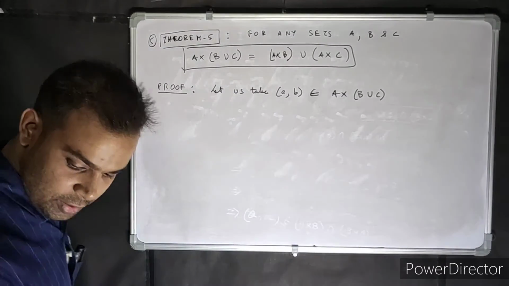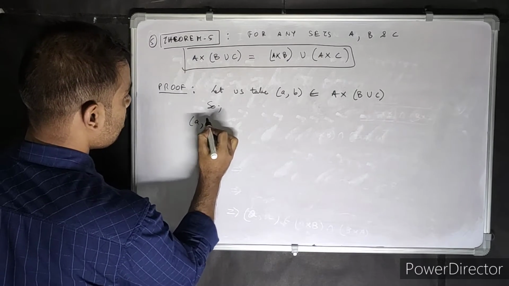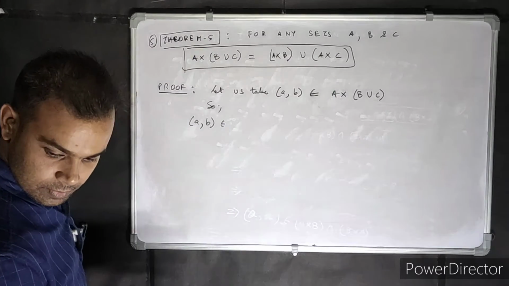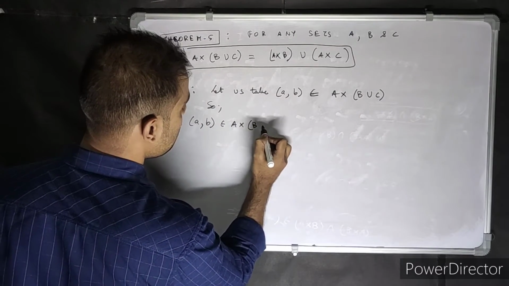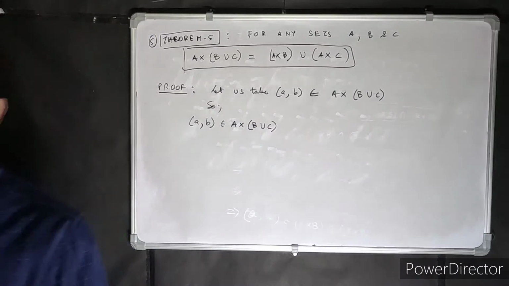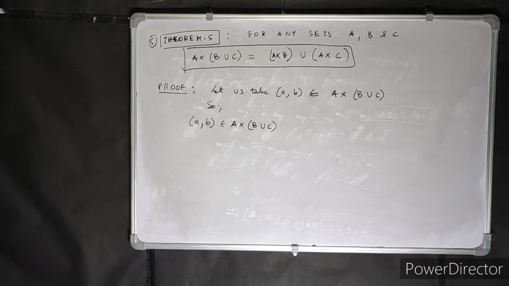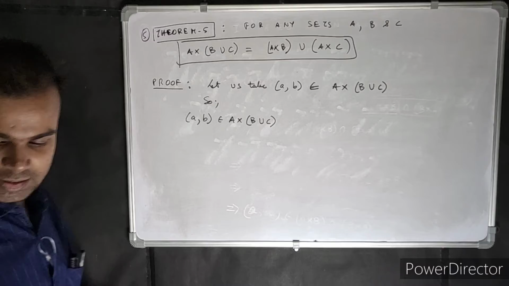Okay, now look very carefully. So a comma b belongs to A cross B union C. Just hold on, let me see if you guys can see. Yes, you can see.